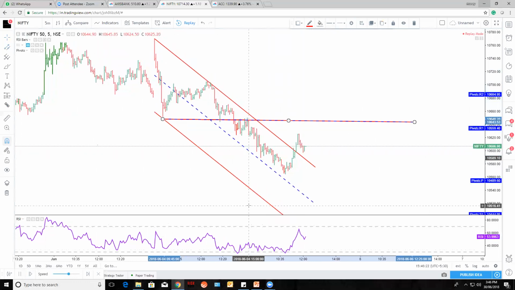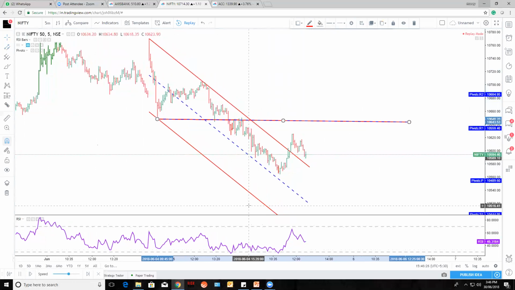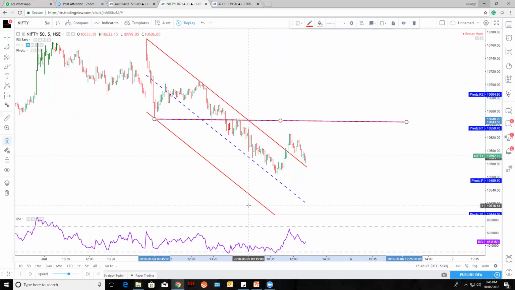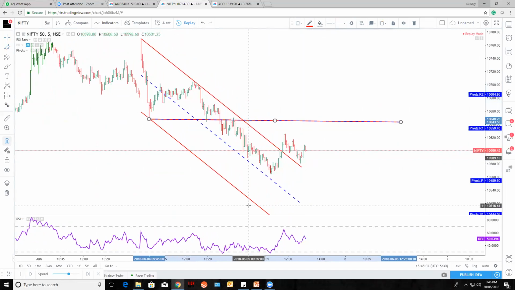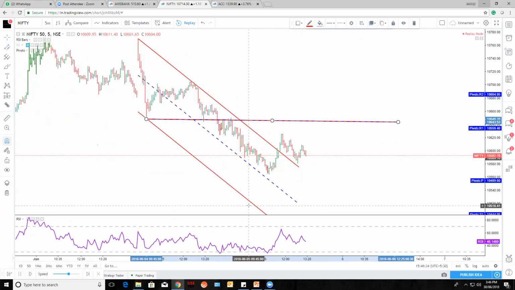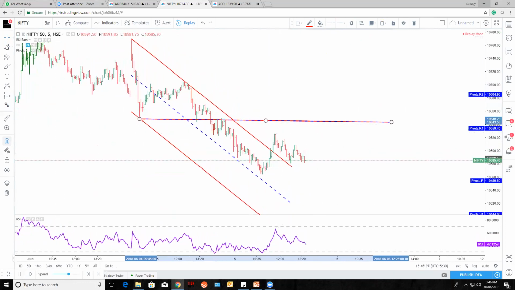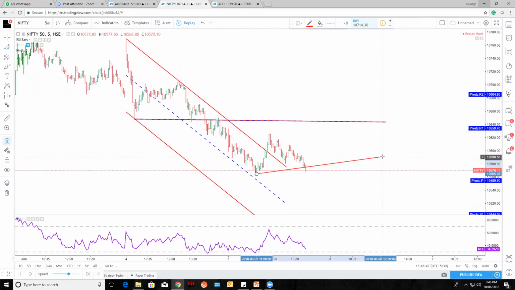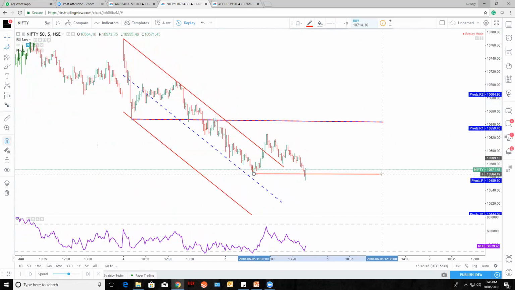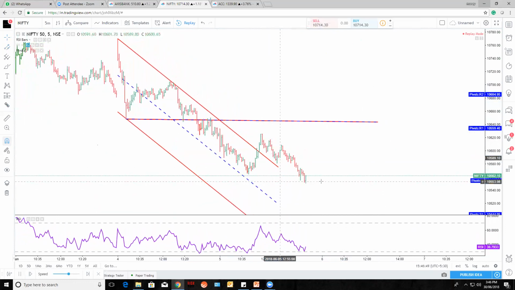Let's see. This channel will act as a support now. Right. Whenever this point crosses, again there is a valid channel like this.